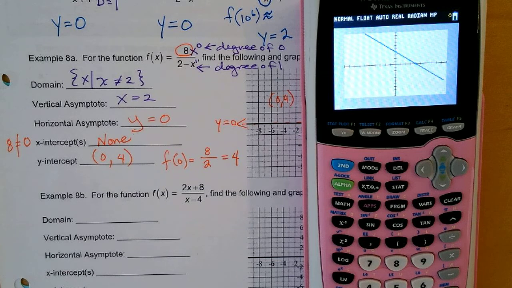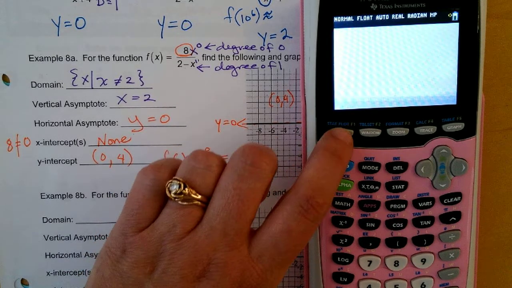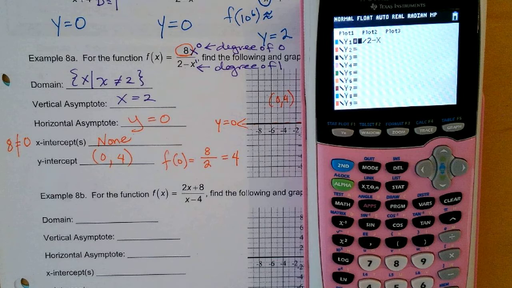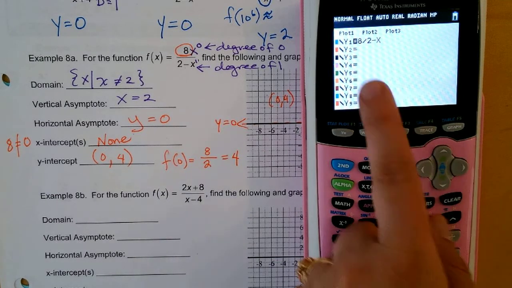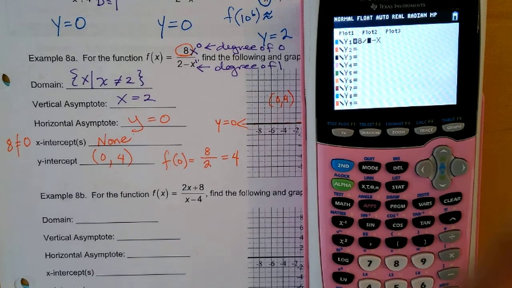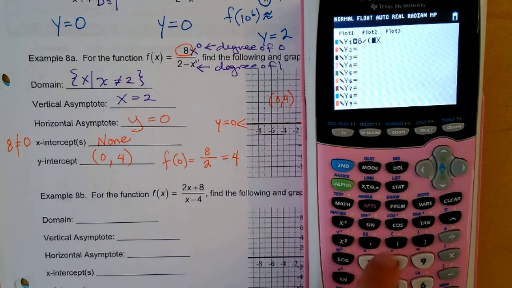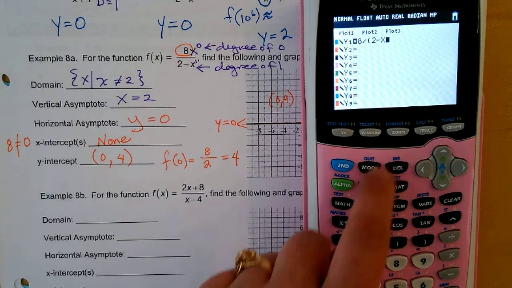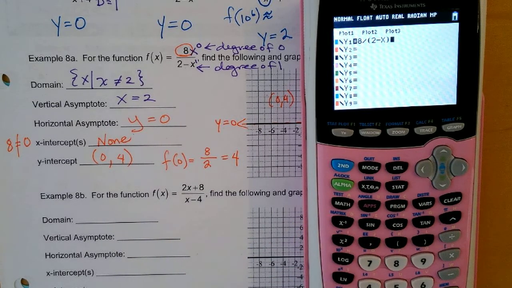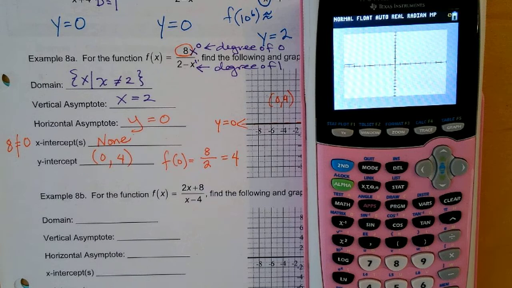Wait a minute. That's not what the graph should look like. I didn't use parentheses. That's a good teaching moment, wasn't it? That was a linear equation because I needed to group the denominator. I want to divide 8 by all of that. So I need parentheses around 2 minus x. Close the parentheses. Now when you graph it, okay, that looks better.